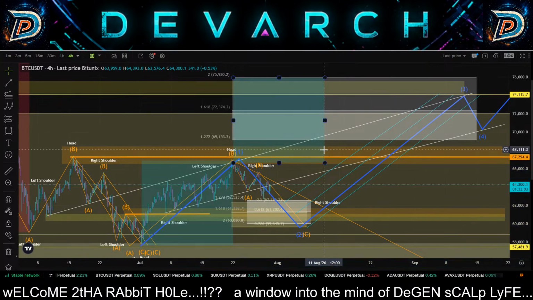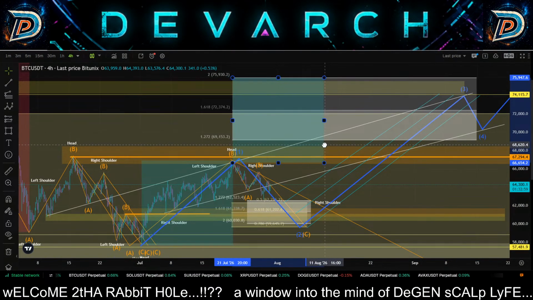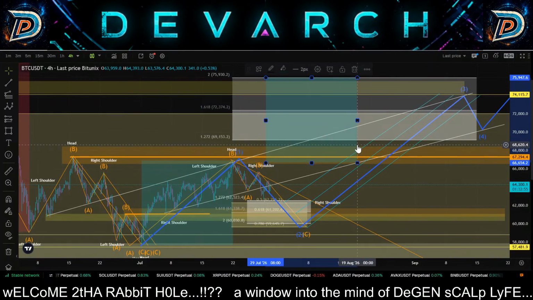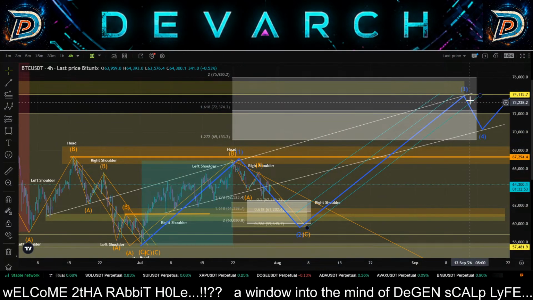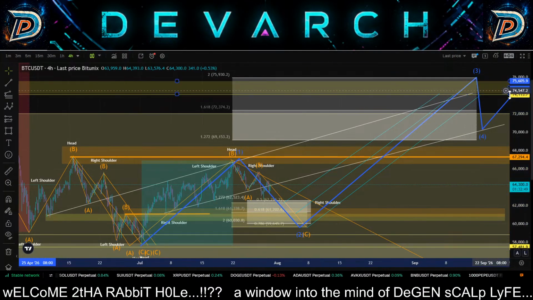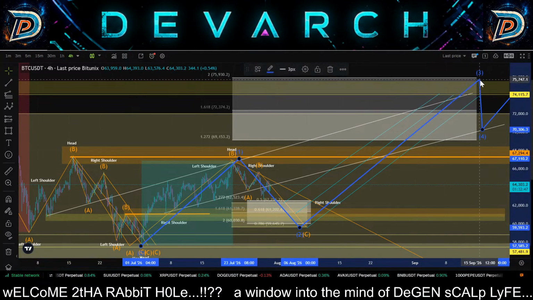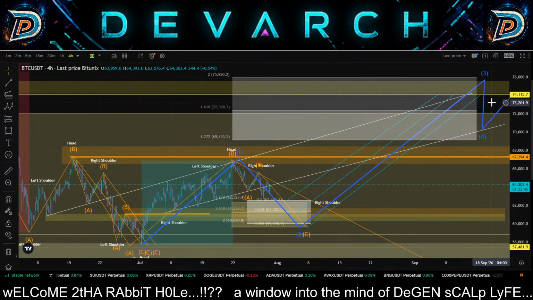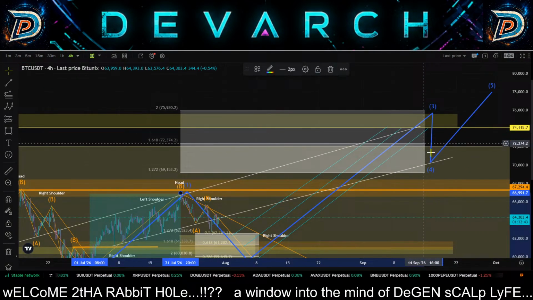You notice how it's just one order of magnitude larger, one fractal larger. You see that? And that is where the wave 3, what's called a wave projection measured move target, that's where wave 3 will go to.